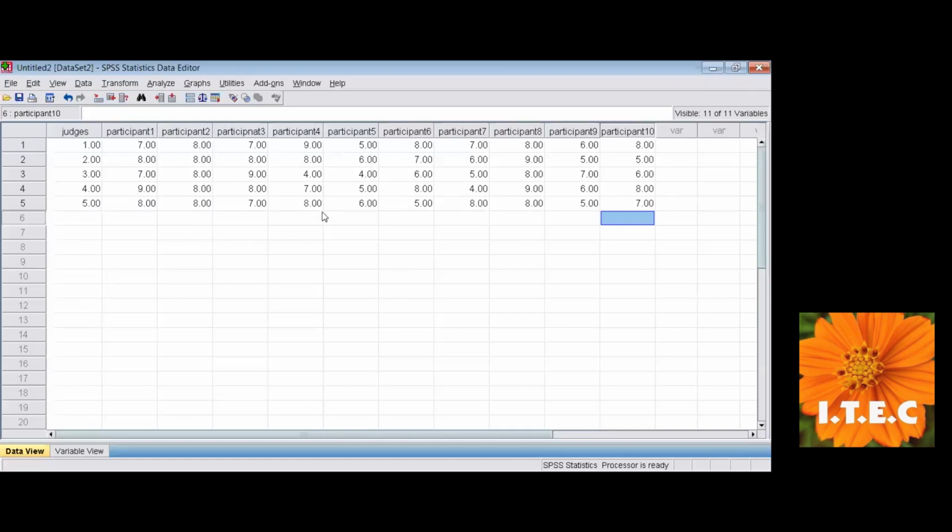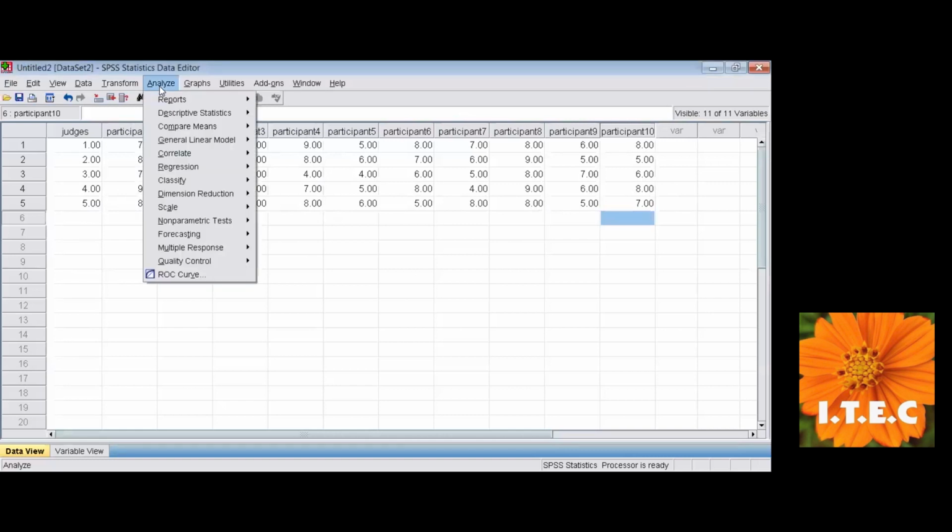Now I go to my Analyze, and then I go to the non-parametric tests, and I go to the K related samples, and I click it here.